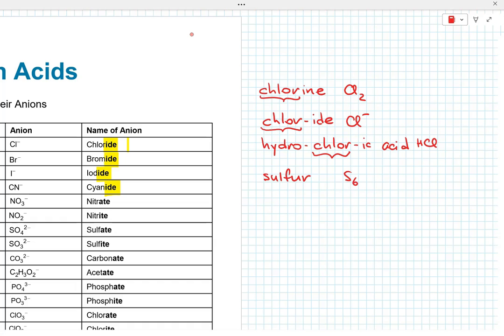So here's the problem. You can put S6, but doesn't matter. Sulfur, right? So this anion, 2 minus. What is the name for it? Sulfide. What should be the name for the acid?